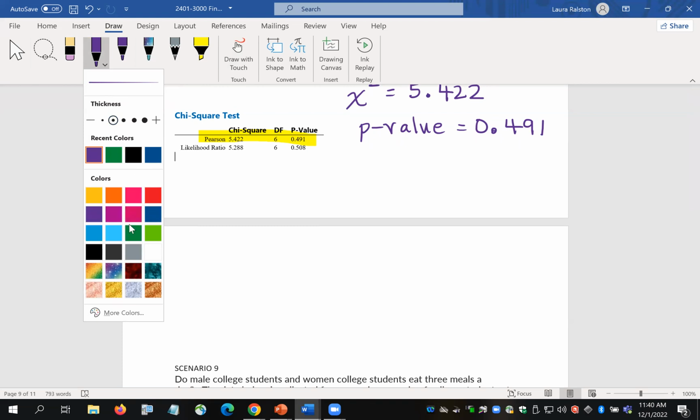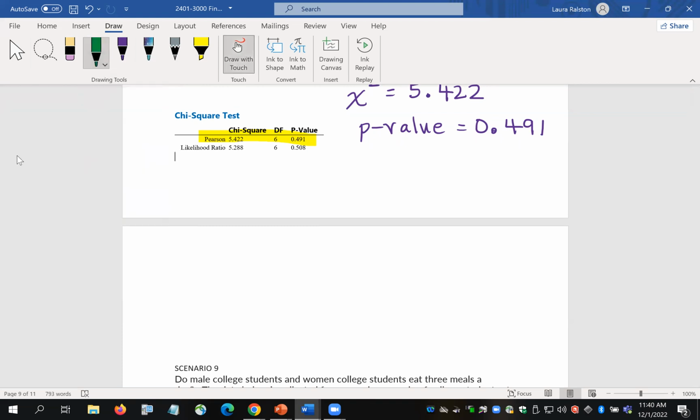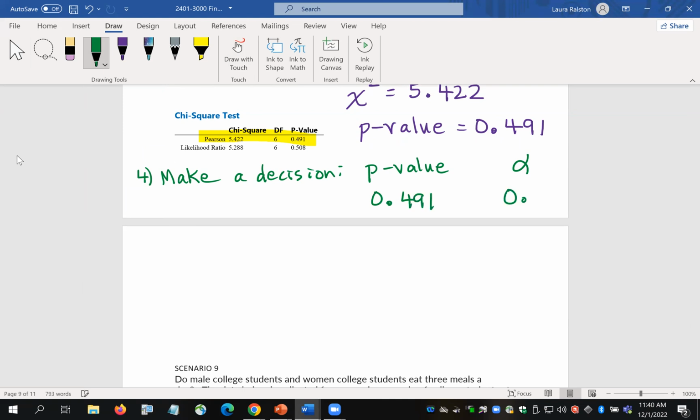Then, as always, the next step is to make a decision. We're going to compare the p-value to the level of significance, which is alpha. So we have 0.491 compared to 0.05.